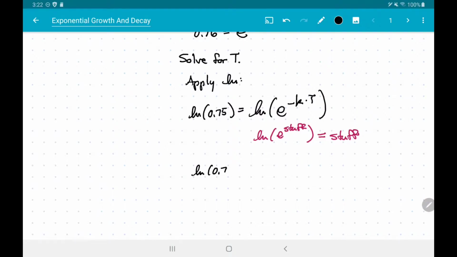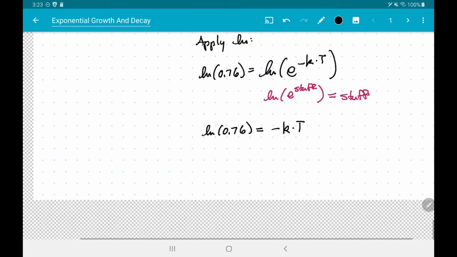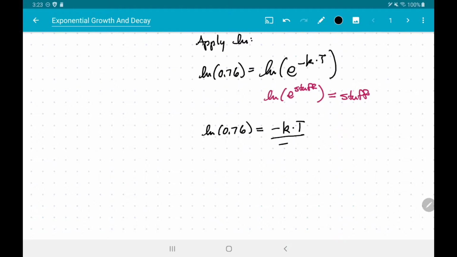The left I'll leave as ln of 0.76, sorry. And on the right, that should be negative k times t. Now to isolate t, we just divide by negative k. So that will leave us with t equals ln of 0.76 divided by negative k.